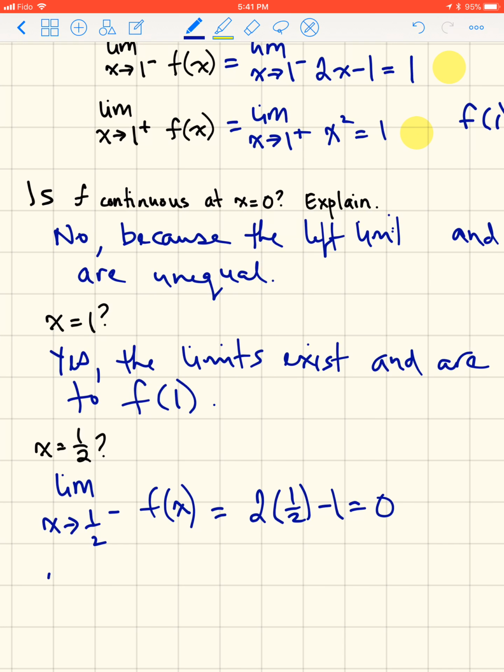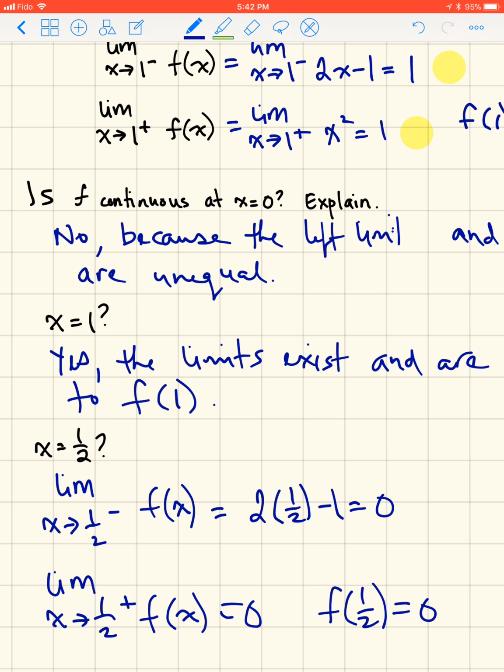And the limit as x goes to a half from the positive side is also 0, and f of a half is also 0. So yes, it's continuous there because the left and right limits exist and are equal to the value of the function. So that's the example of continuous, discontinuous, and question 4.